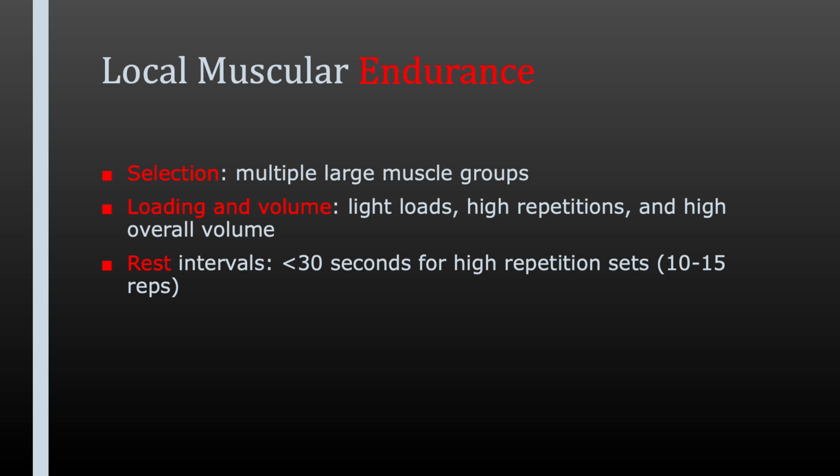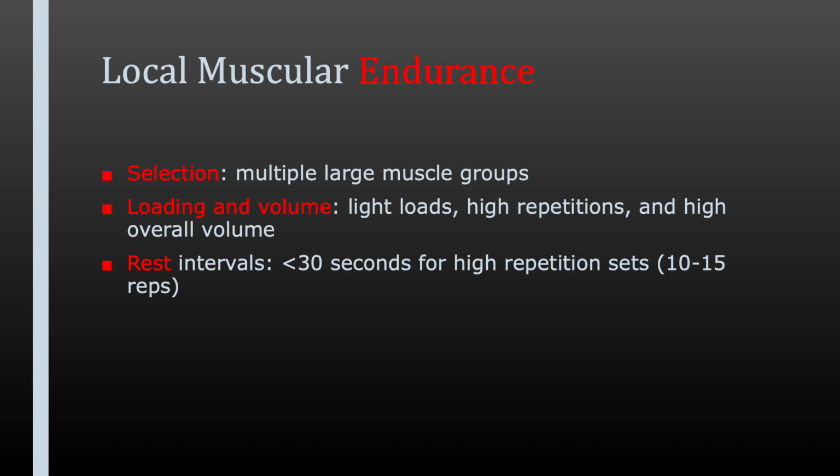Muscular endurance, we're not talking about running outside for miles and miles. Muscular endurance is still in the weight room. We're discussing the ability for our skeletal muscle to work for a longer duration with less fatigue. Again, multiple joints, but large muscle groups. We're going with lighter loads, meaning intensity is light.